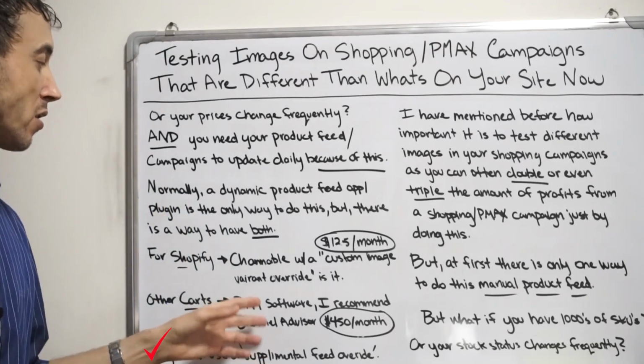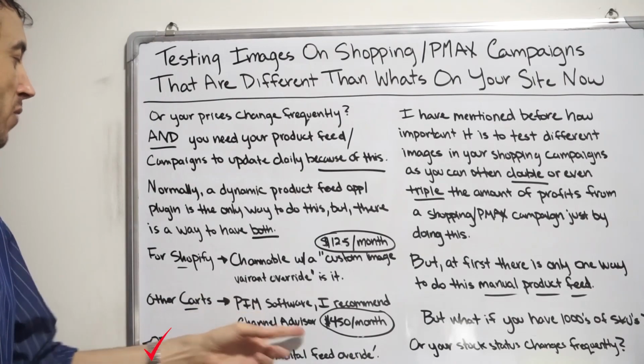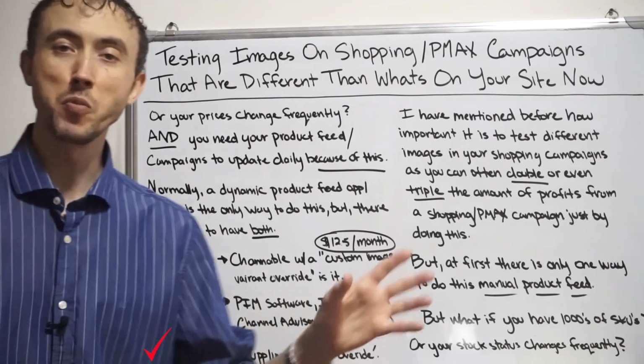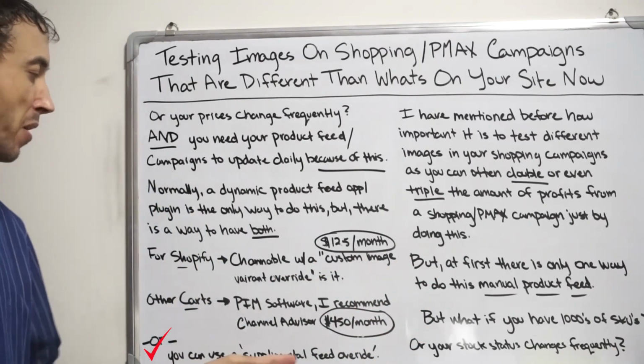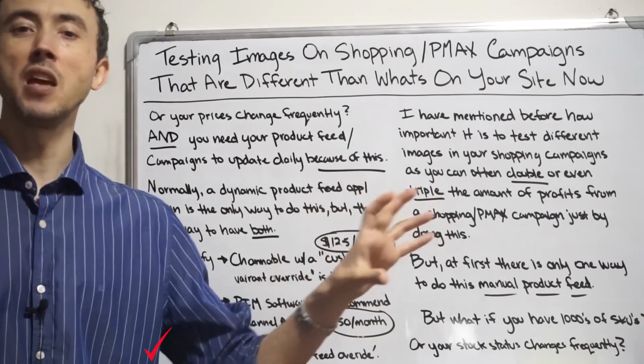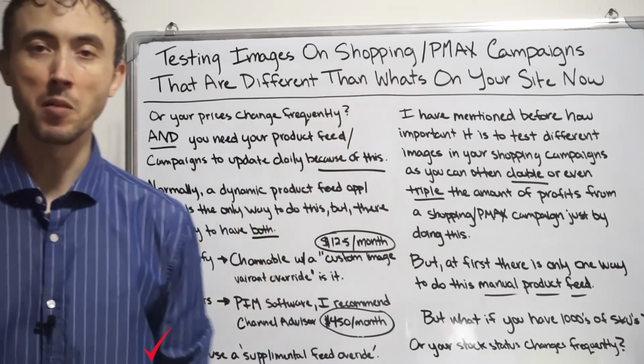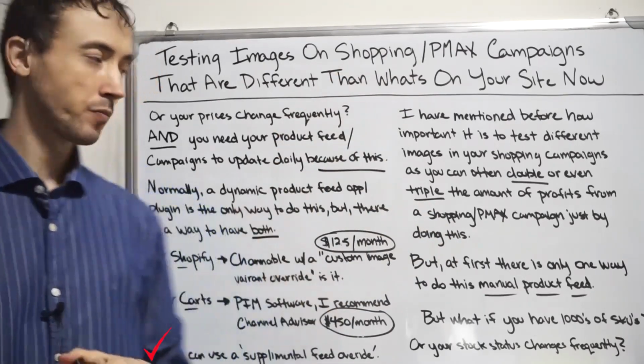Or you can use one of these PIM softwares, Channable for Shopify or Channel Advisor for other carts, or another PIM software. Or you can just use a supplemental feed on Google Merchant Center with an updated or new product image on it that will override the product image on the primary shopping feed.